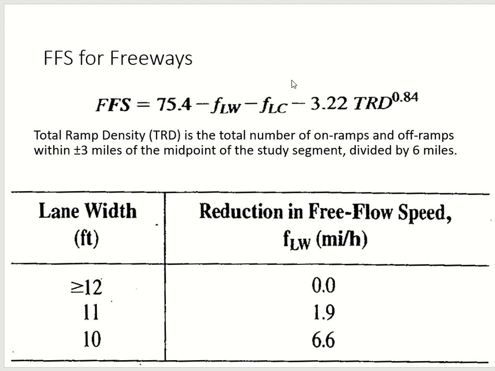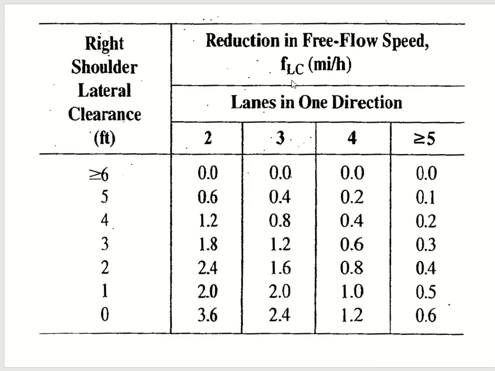In the same book, it's written somewhere else that 12 feet is standard. But if you don't remember, you just come to the table and see which value has a factor of 0. That's it. Okay, same thing with FLC. We don't remember the values, just look into the table. Whichever value makes the factor 0. Okay. So give me the free flow speed, just the ramp density has to be plugged in.